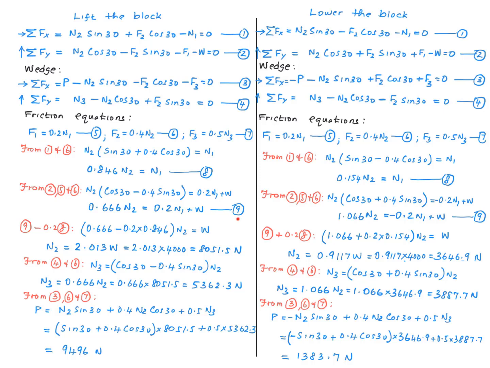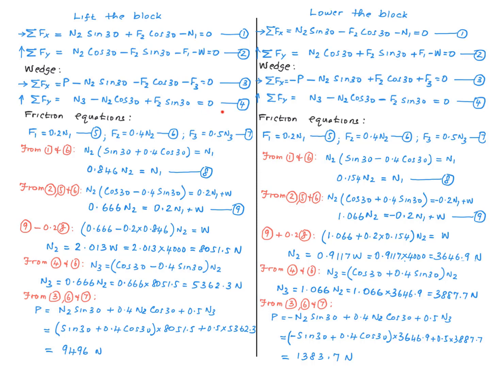And that's what equation 9 is. Now I solve these two simultaneously and I get a value of 8,051.5 Newton for N2. Remember, that's one of the unknowns that I wanted to first find, right? N1, N2 and N3. So let's go ahead and find N3 now.